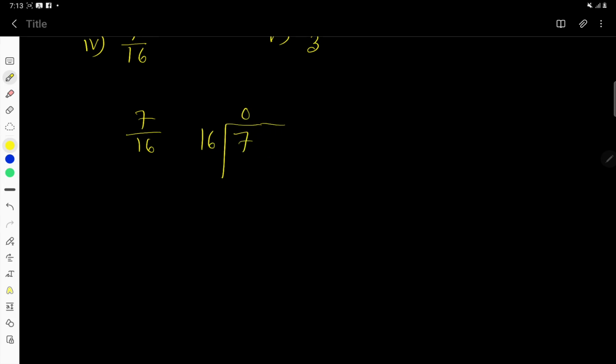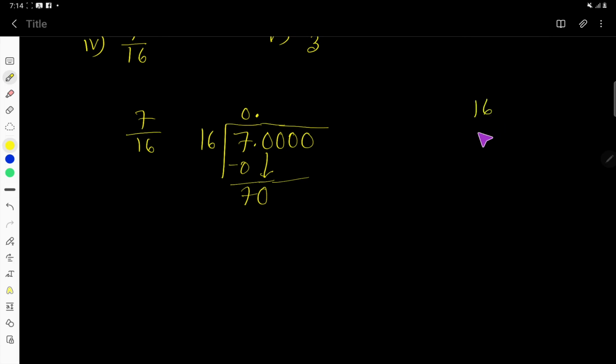So 0 times 16, 0. If you subtract, then 7. So you need to expand this 7 with trailing 0. You can take any number of 0. Bring down this 0, but you have to line up the decimal. 70, right? 16 goes into 70 how many times?